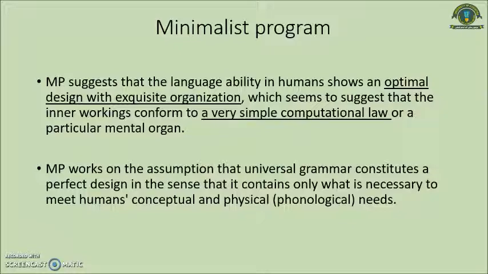So they have very simple computational laws. So basically the thing here is that languages not only have a very good organization, rather they have very simple computational laws. Computational laws means how we compute languages, how we break them down, how we structure them, how we discuss their structures. This is what computation is.